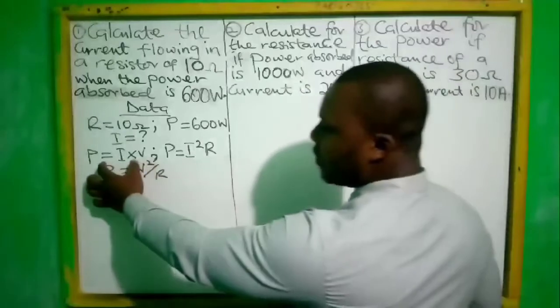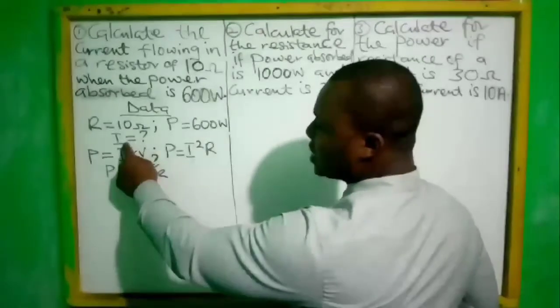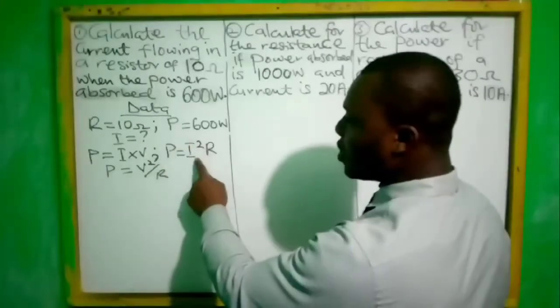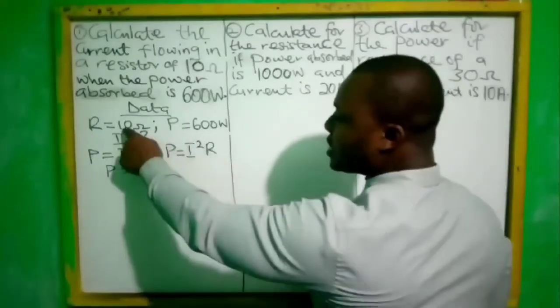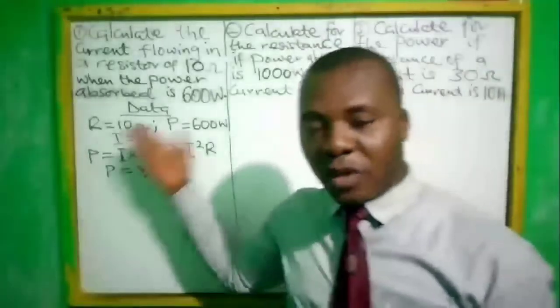Here, the first one, we have the power here, we have the current here, no voltage there. So the second one, we have the power here, we have the current here, we have the resistance. So we can use the second formula. The third formula we cannot use for this case.